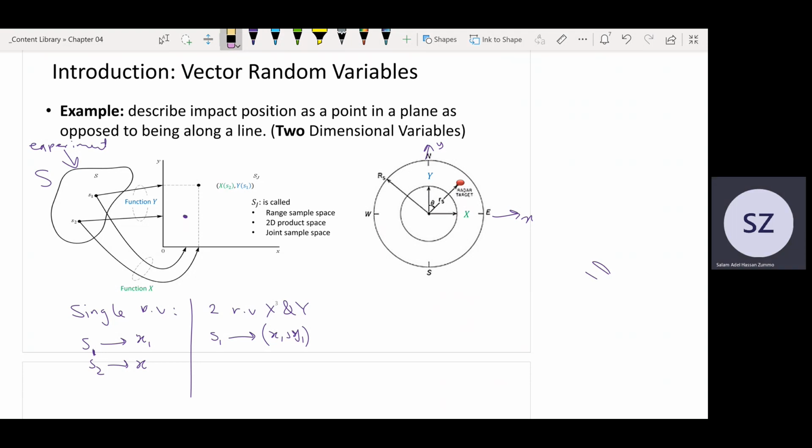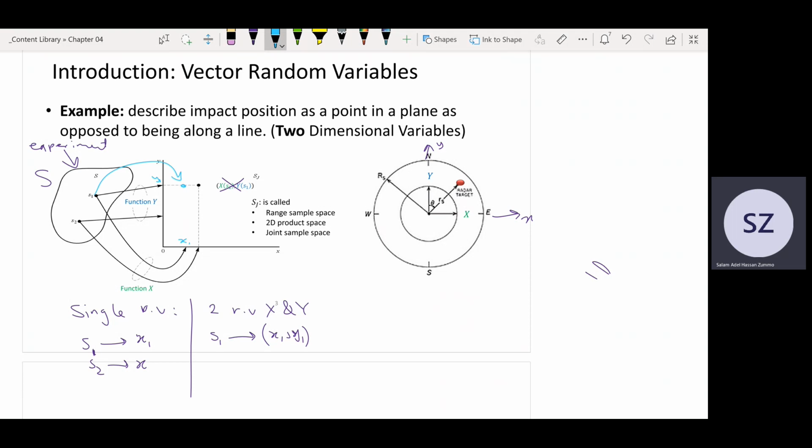Sorry. S1 goes into this and this. Basically, ignore this. Vanish. For S1, we just use another one. S1 goes into this, so this is X1, and this is Y1. So S1 is basically this point.